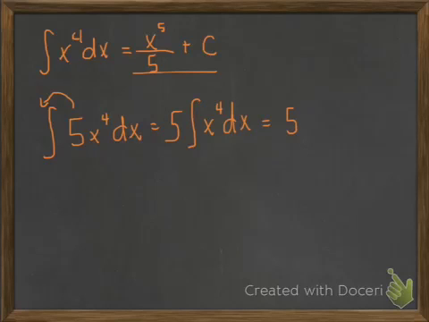Now if we took the integral, it would basically be x to the 4 plus 1, because you have x to the n plus 1 power. So 4 plus 1 is 5. And then you have that over n plus 1, which is also 5, because it's 4 plus 1. So 5.